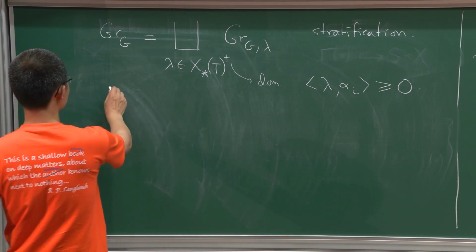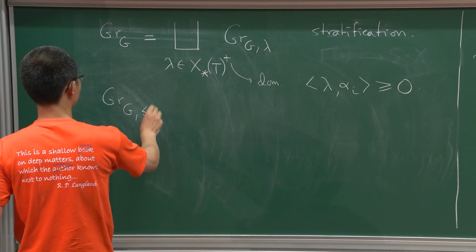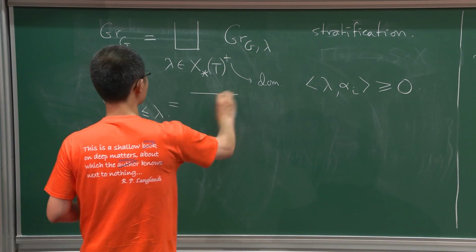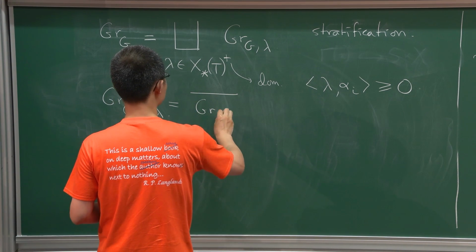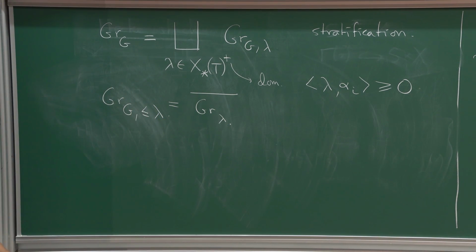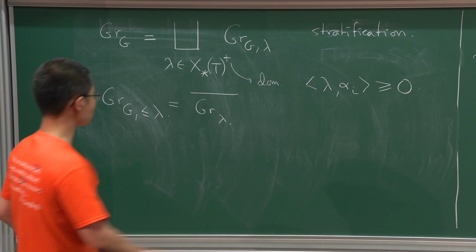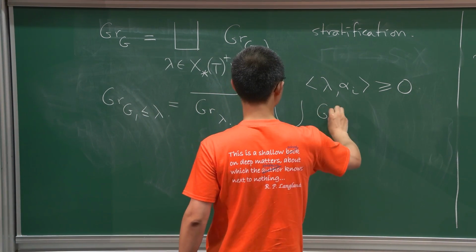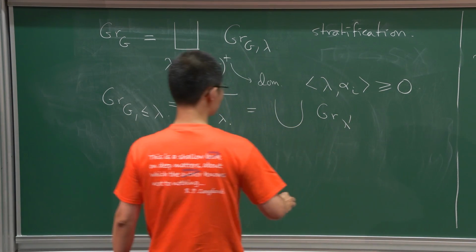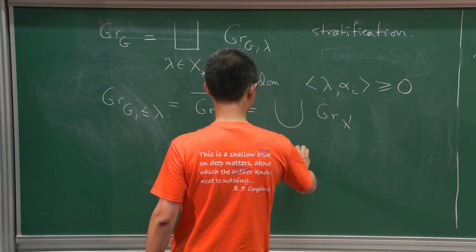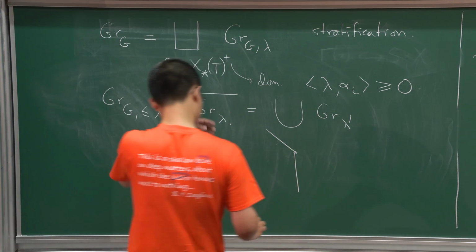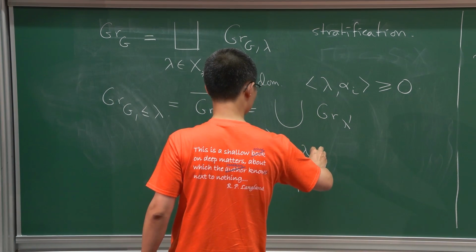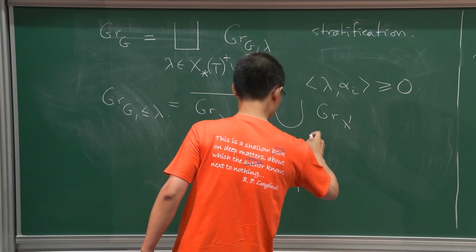Okay, so it makes sense to talk about GR less than or equal to lambda. This is by definition the closure of GR lambda. And this is the union of GR lambda prime such that lambda prime is in the negative obtuse cone of lambda.